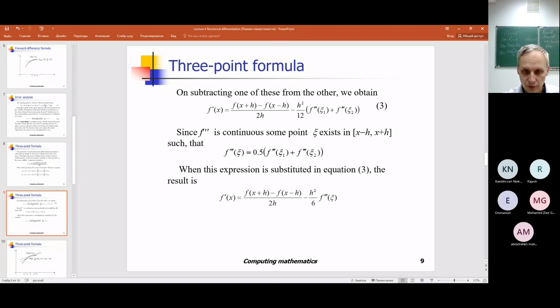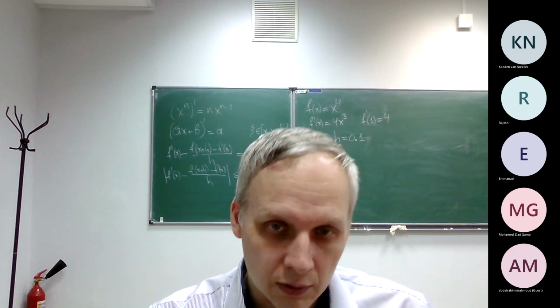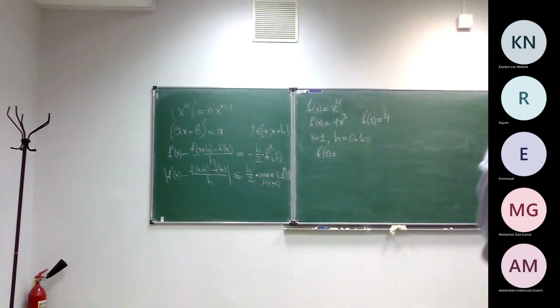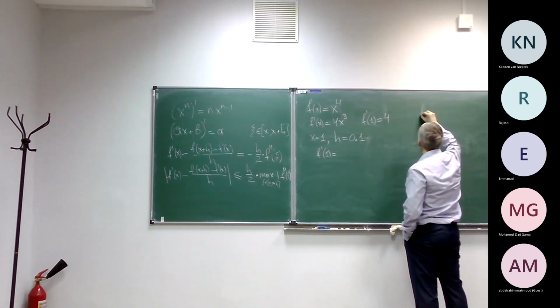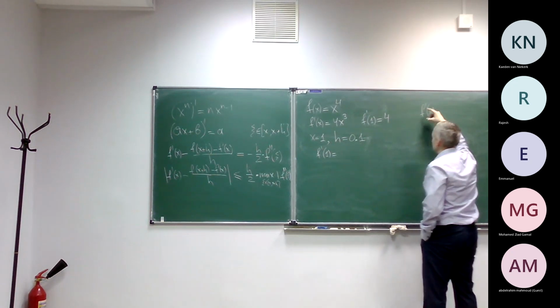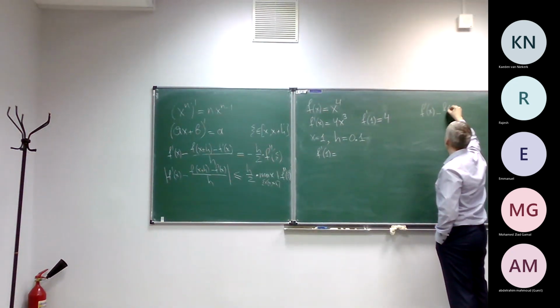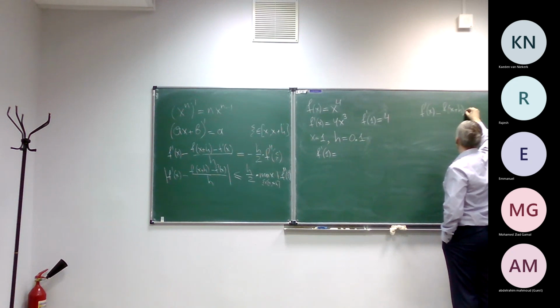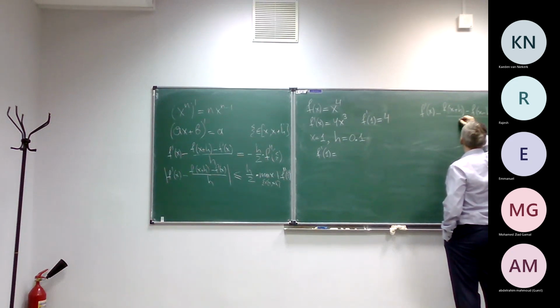This formula is very important, and let me reproduce this formula on the board. I also write it in the form of difference of the real value and the approximation. The real value is f prime of x minus the approximation, f of x plus h minus f of x minus h over 2h.